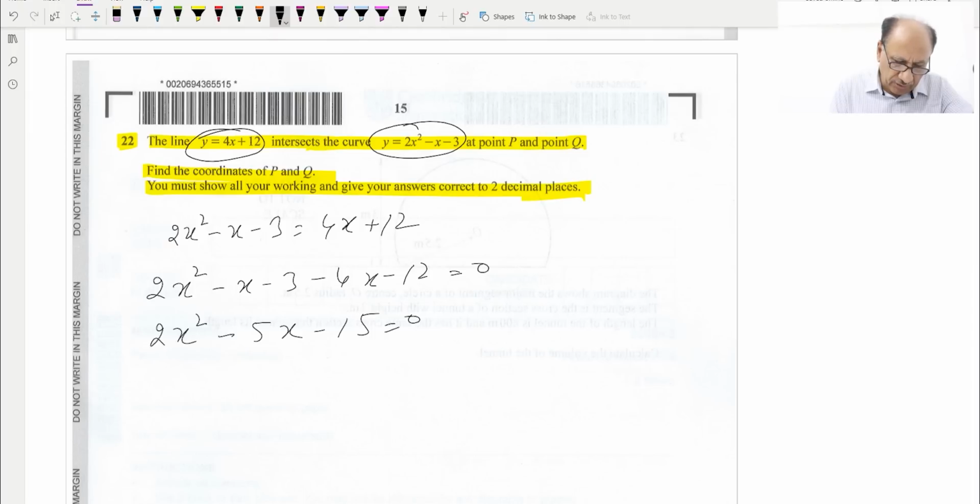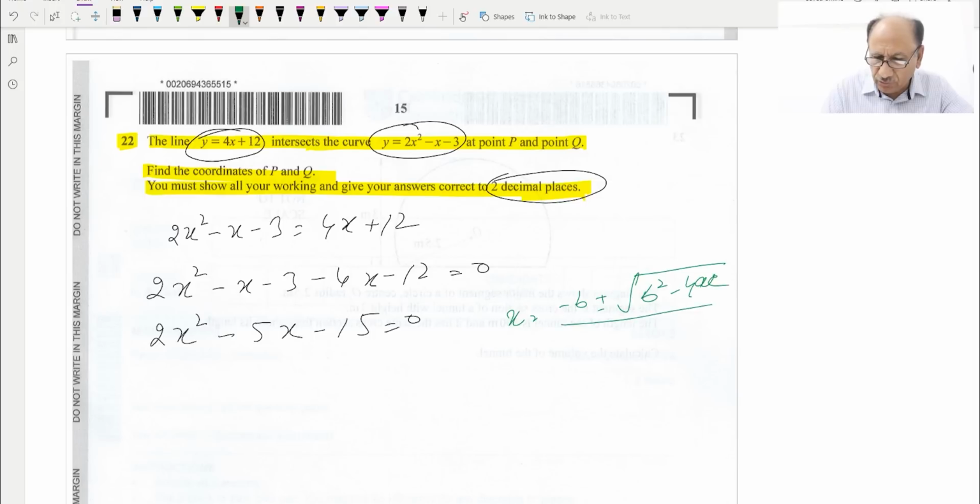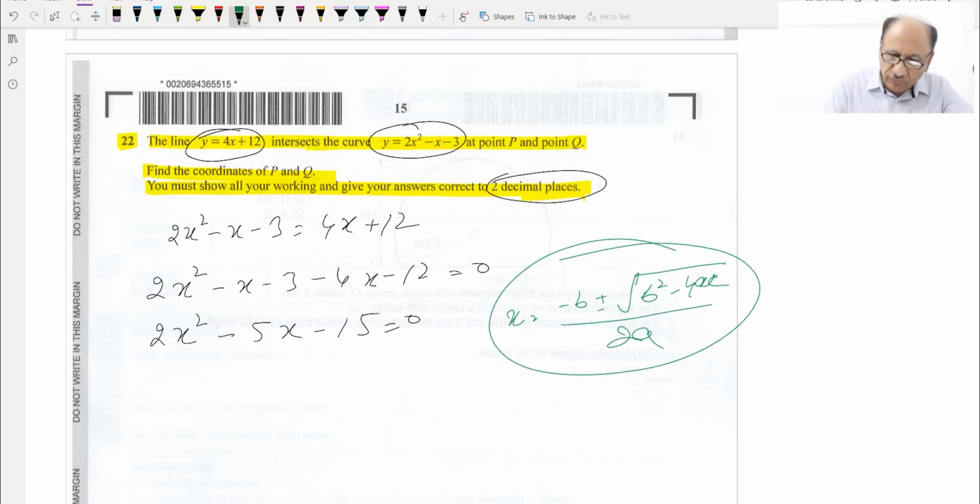We can apply quadratic formula because they are saying two decimal places, right? So we know that it will be decimal value, so formula will be quadratic formula. X is equal to minus b plus minus square root of b square minus 4ac over 2a. This is the formula which we'll be using, and a is equal to 2, b is equal to minus 5, and c is equal to minus 15.